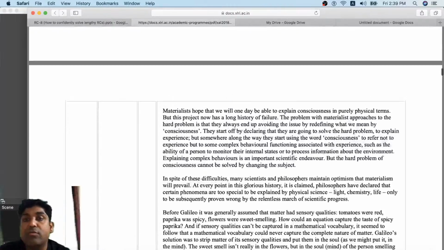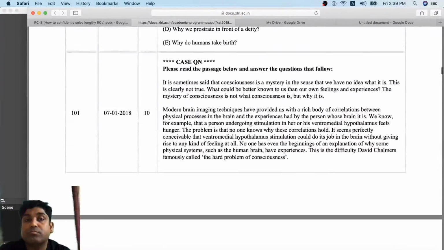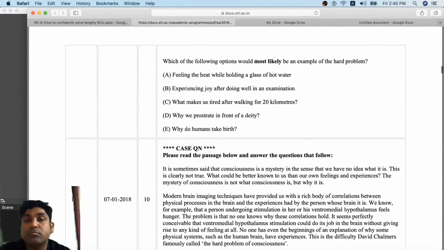So we were on the earlier question. In these cases, holding a glass of water, experiencing joy, we are aware. What makes us tired after walking for 20 kilometers? Again, that explains something.